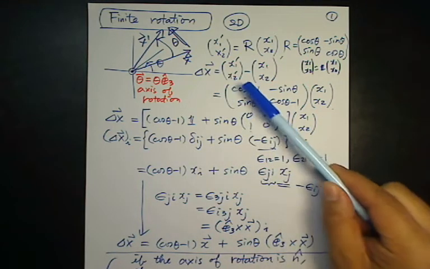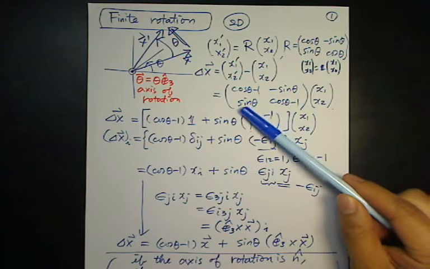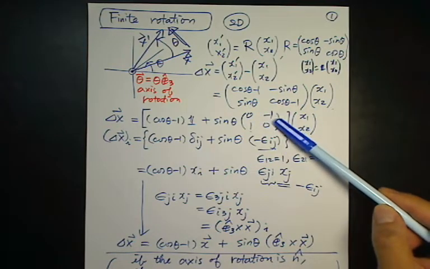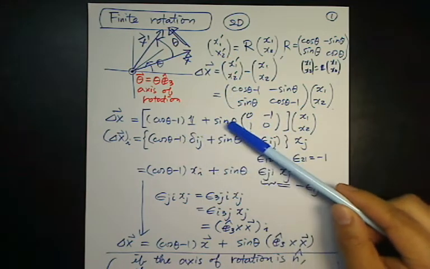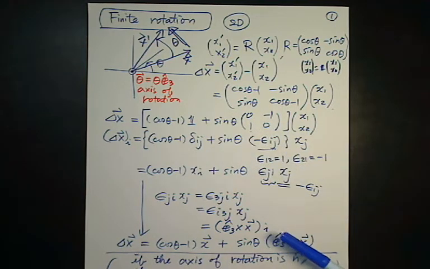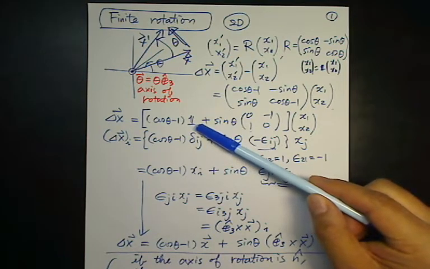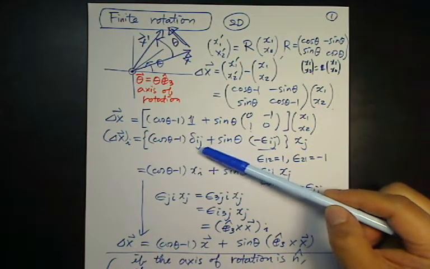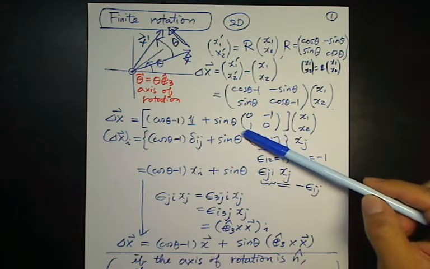If we pull out the diagonal component, that is the identity matrix, and the off-diagonal component, that is the anti-symmetric matrix with minus 1, 1, the factors will be cosine theta and sine theta for the diagonal component and anti-symmetric component. If I pull out the ij element of this matrix, the ij element of the identity matrix is the Kronecker delta, and here only the 1, 2 and 2, 1 off-diagonal components survive.